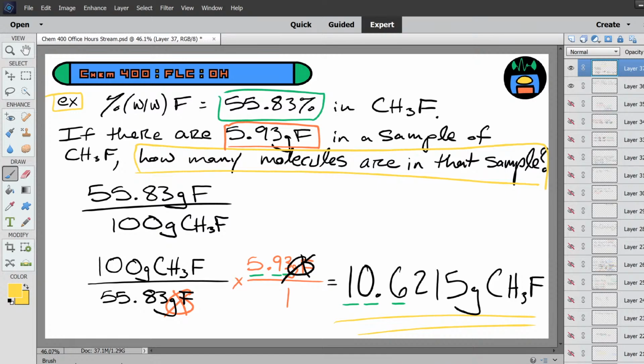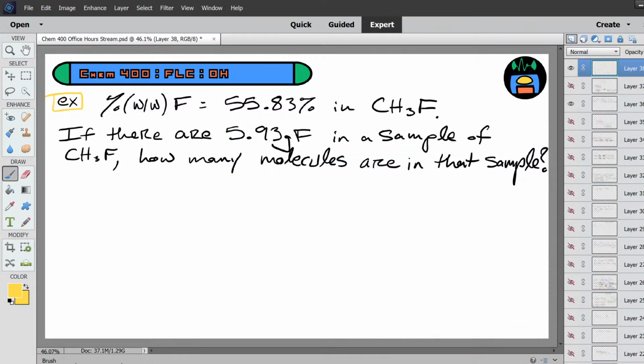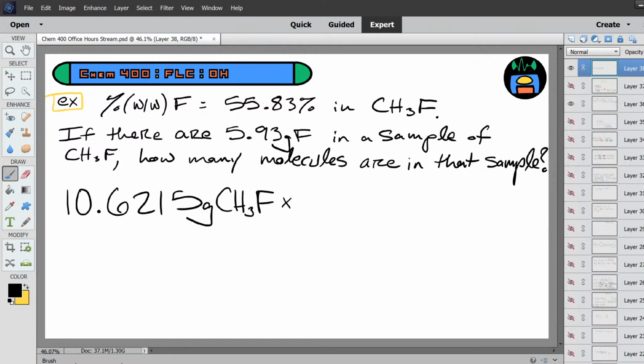And so we need to take that mass, 10.6215, and convert from grams to moles. So we need to put grams of CH3F in the denominator, moles in the numerator. It's going to be a couple steps. We have a molecular weight to calculate.